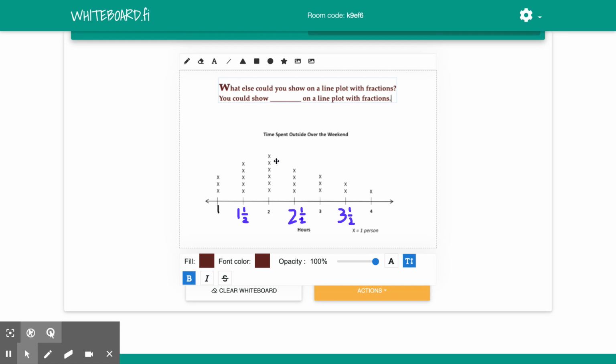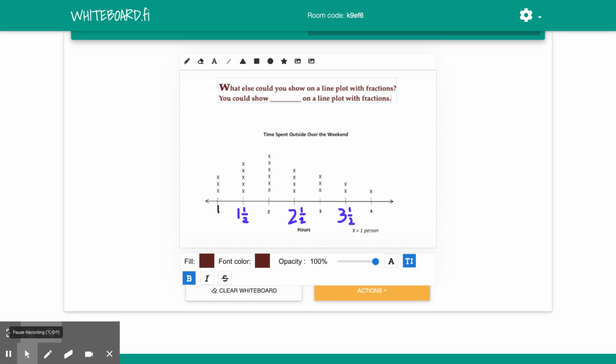Well, if 2 is the most frequent amount of time spent outside because it has the most number of x's, then the second most would be the number with the second most x's. So if I take a look at my line plot, I can see that 1.5 hours was the second most frequent time spent outside over the weekend.